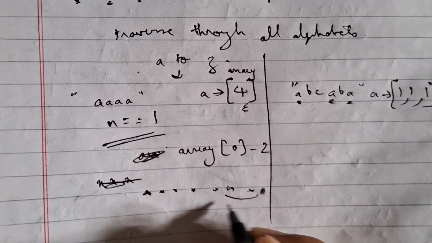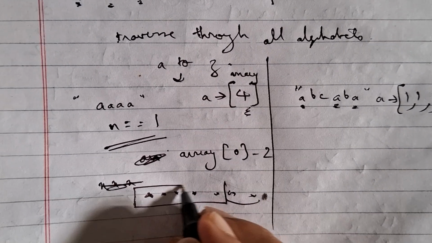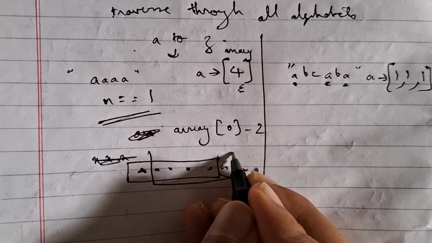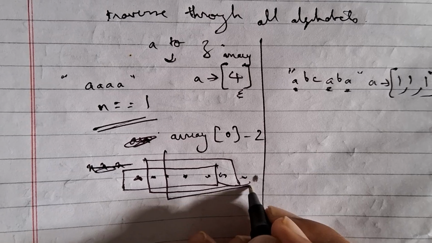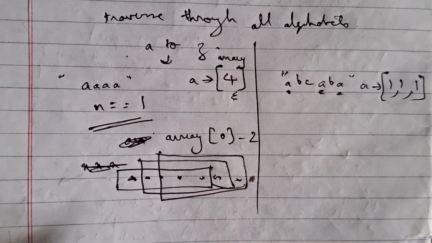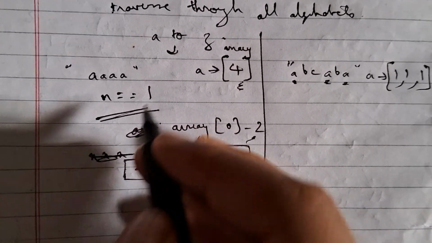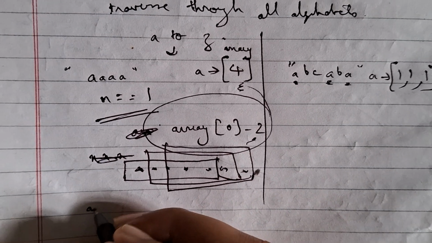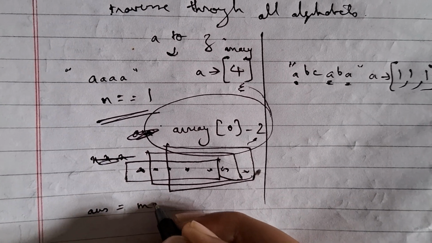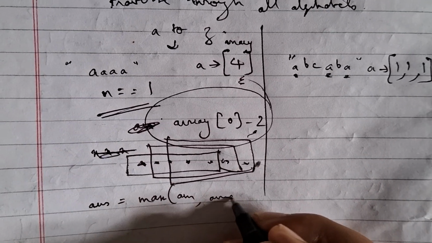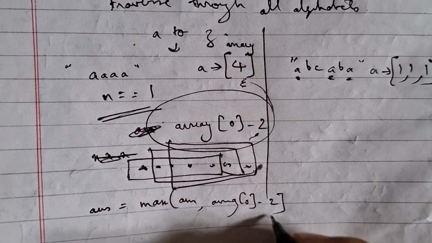If we remove two elements, this is one, then of the same length this is another, and of the same length this is another. So to make it occur thrice, you have to subtract 2 from it. This is the only possible way out. So for this, you can directly make answer equal to the maximum of answer and array of 0 minus 2.